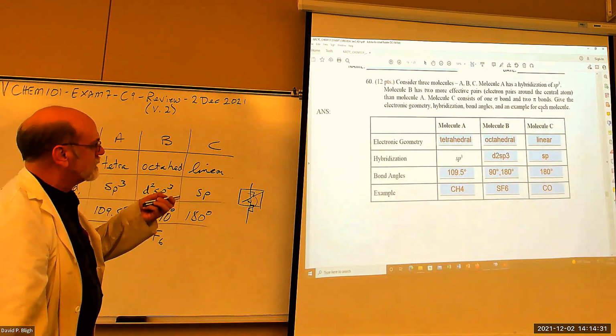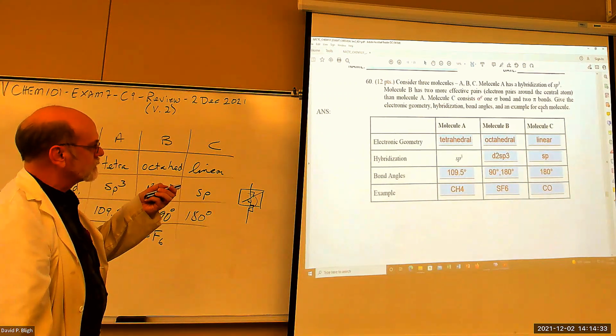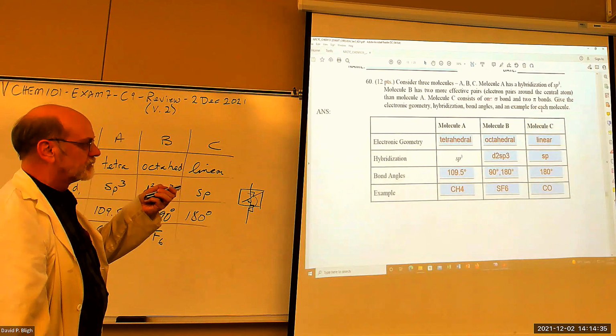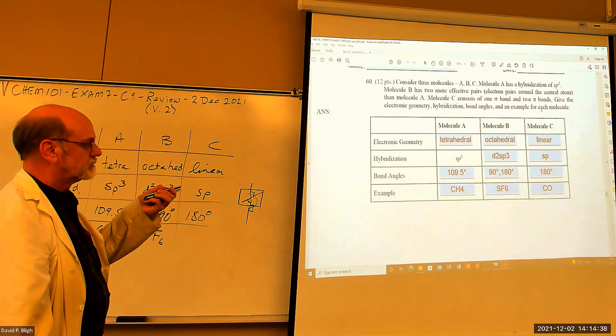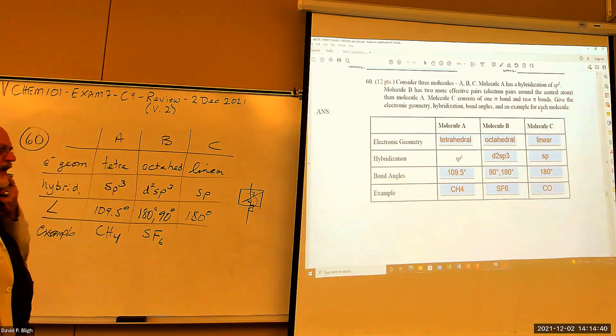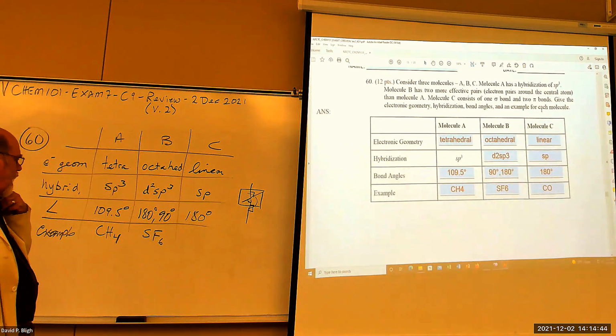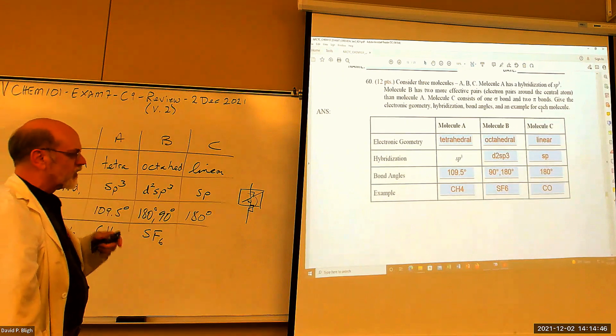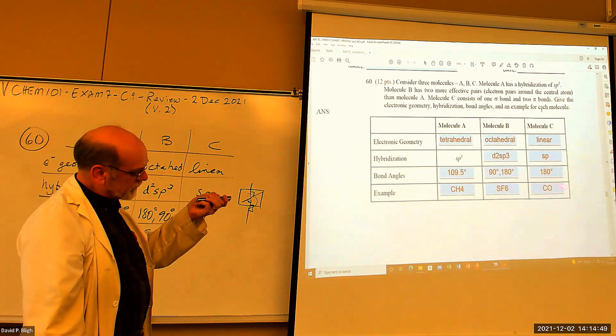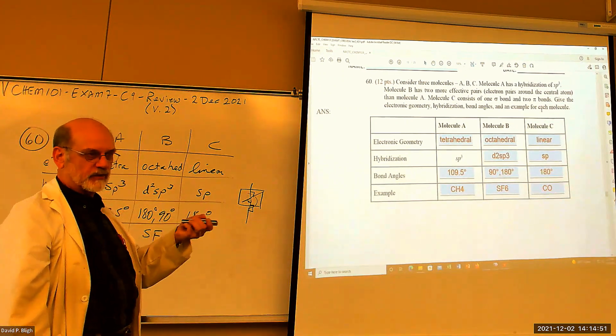Now this says molecule A consists of, that's misleading. Actually, no, it doesn't have to be. It would be misleading if we tried to shoehorn in here acetylene, because it would have 3 sigma bonds.